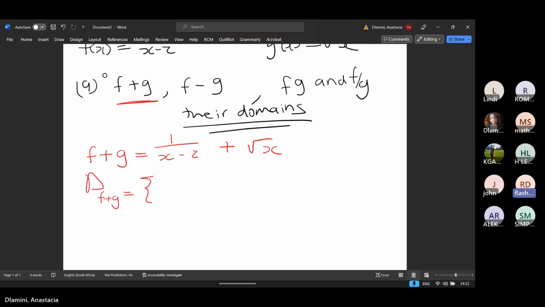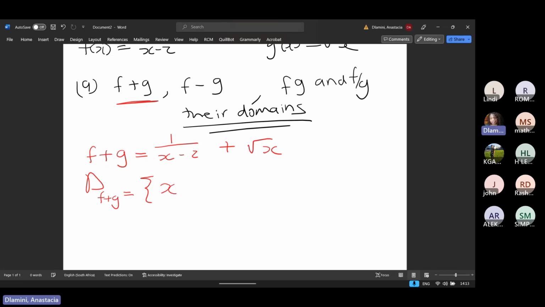Anyone? x must not equal 2. Okay. Is that the only one? No. X cannot be negative.